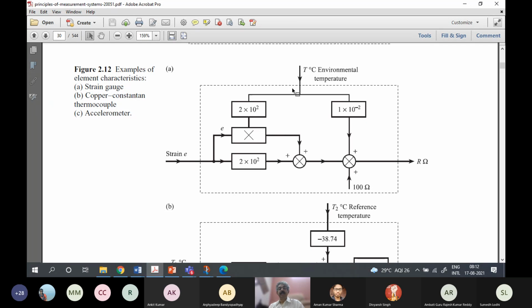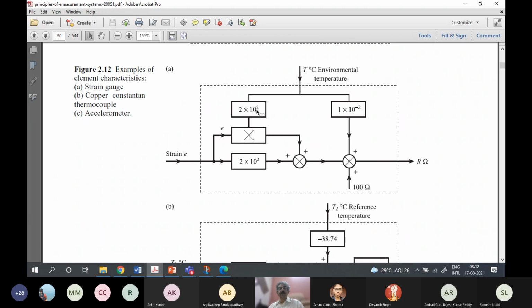On the other hand, the temperature also affects the gauge factor. So the gauge factor, this is the environmental temperature. So the gauge factor changes with respect to the environmental temperature, and this is also taken into consideration.